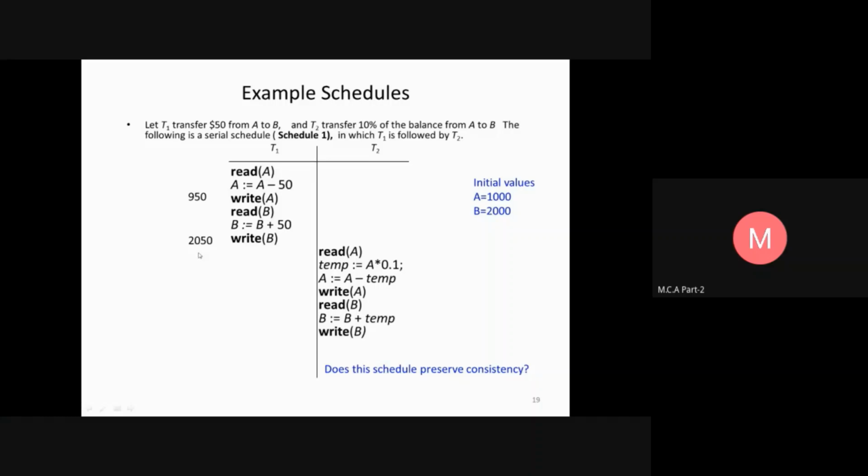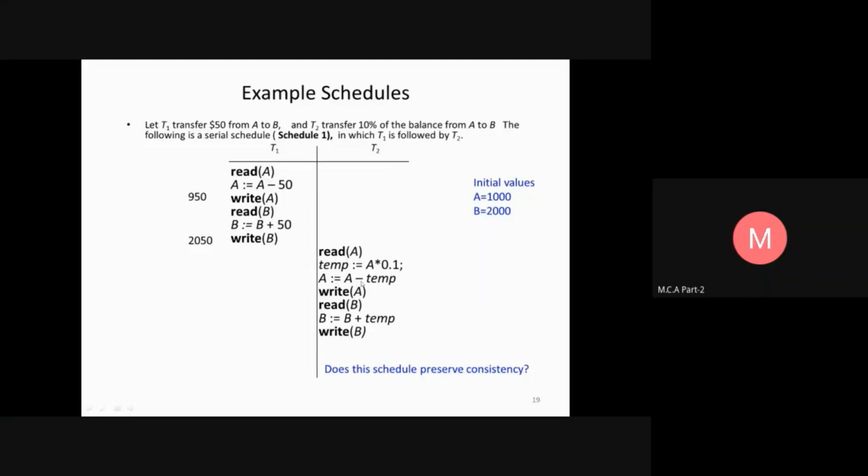Transaction T2 then takes over, but notice that T2 starts after transaction T1 completes. So T2 will read the updated value of A from T1, which is 950.